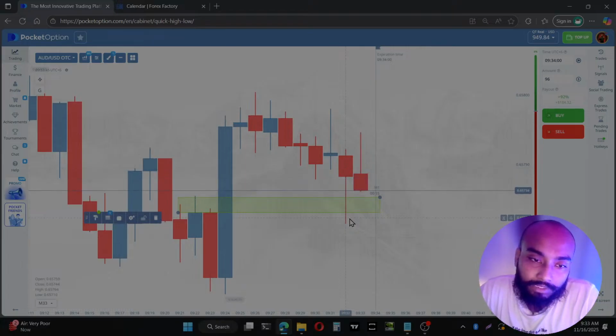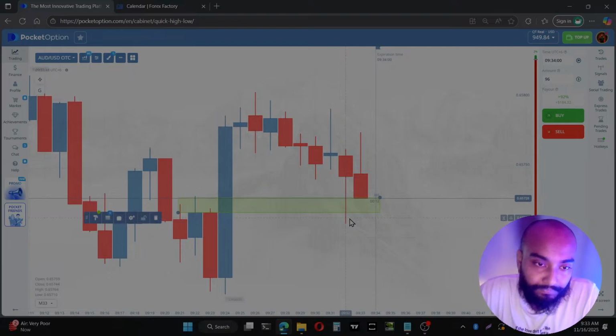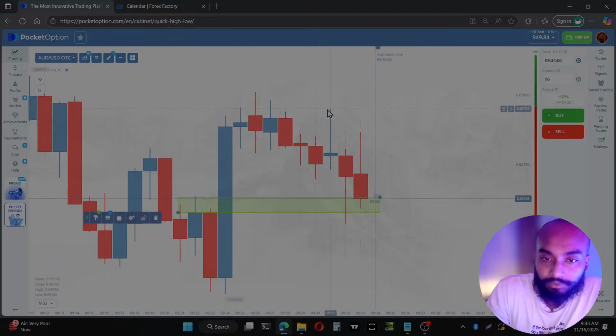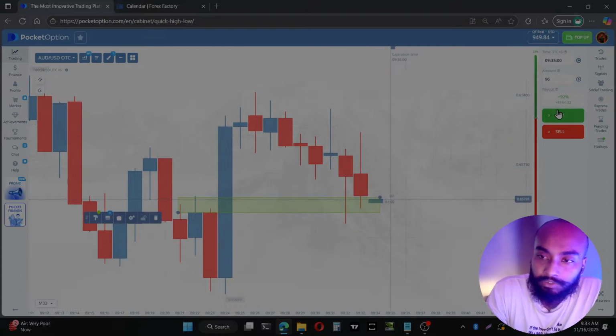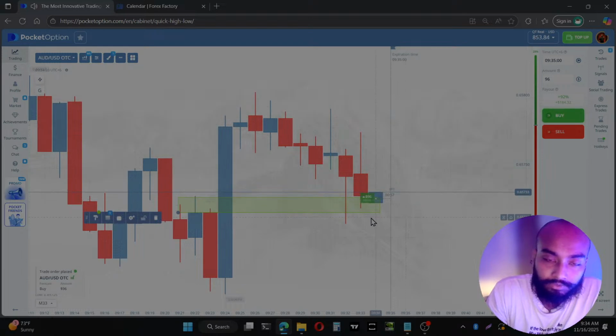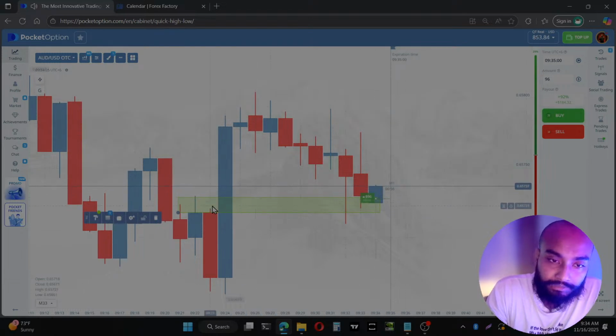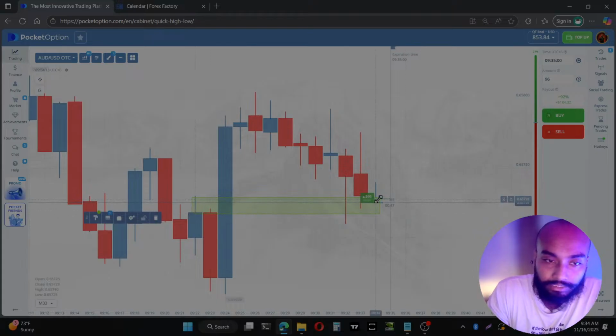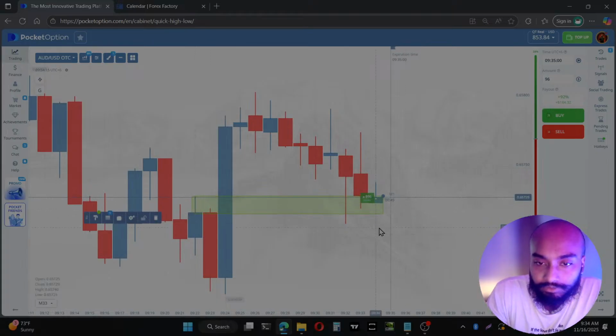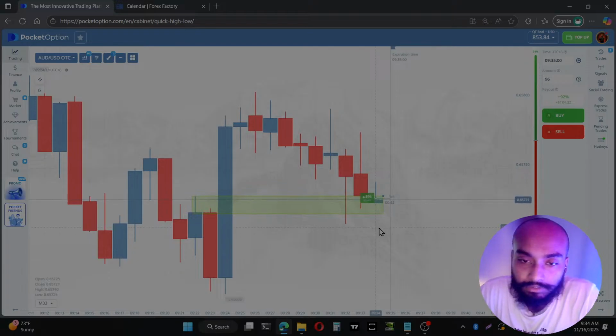This kind of market is very risky to trade. So price has already made a high, here it made a high and here it also made a high, so the next candle would have a chance to go higher, not lower. And this is our price. So this is my last trade. I am not going to trade anymore. If it's a loss, it's a loss, if it's a win, it's a win. No need to take more trades.